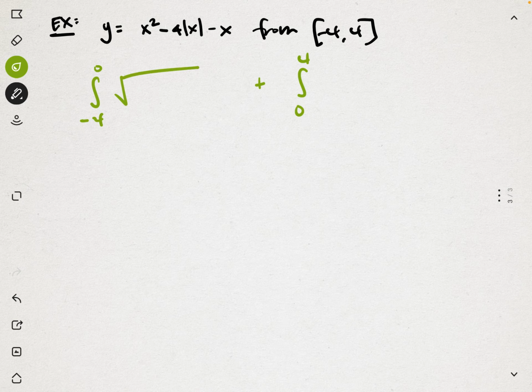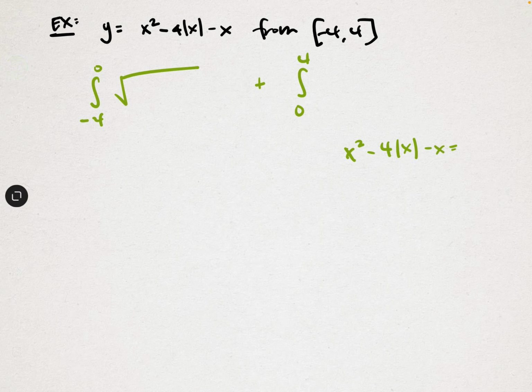It's actually harder than it seems, but in the book it's saying that x squared minus 4 absolute value of x minus x is equal to x squared plus 3x when x is greater than 0, and x squared minus 5x when x is less than 0. Okay, so that kind of helps us.